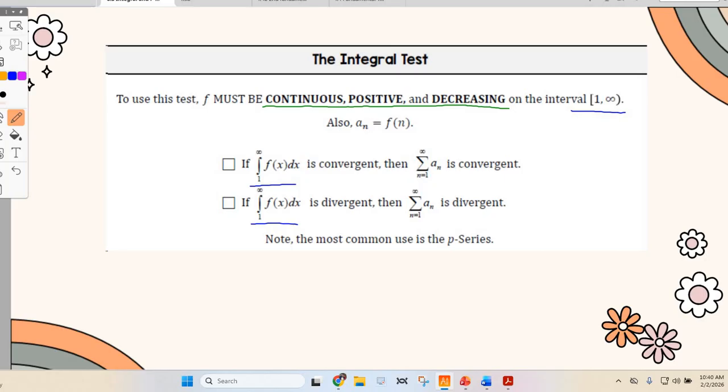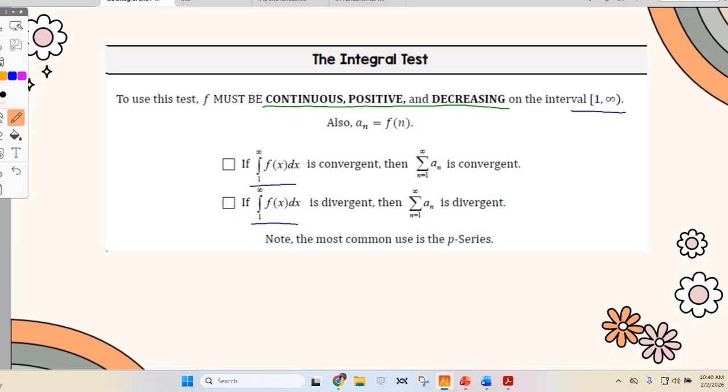A fraction, right? So I'm going to a lot of times have fractions in these cases, because as your variable gets bigger, if my denominator is the one getting bigger, then the whole fraction is going to be decreasing. And since decreasing is a requirement, we end up using this with a lot of fractions. Does that kind of make sense?